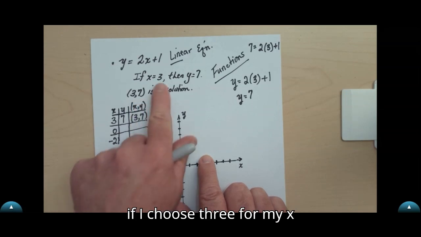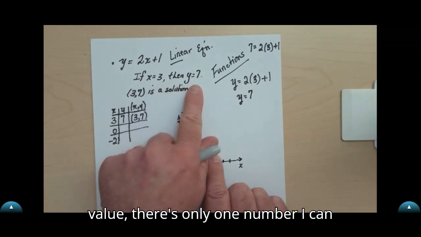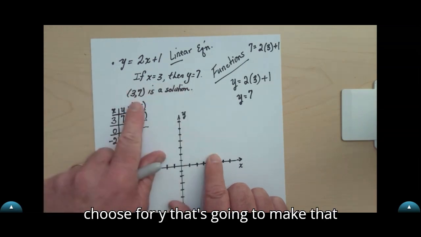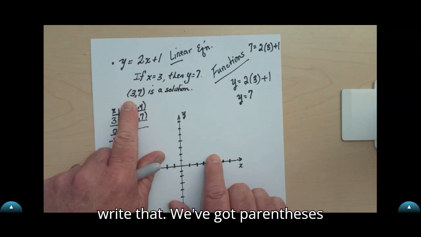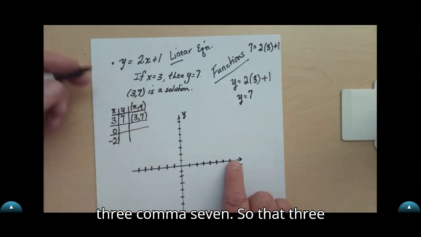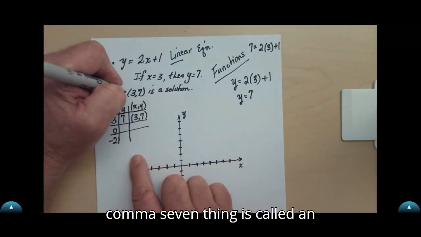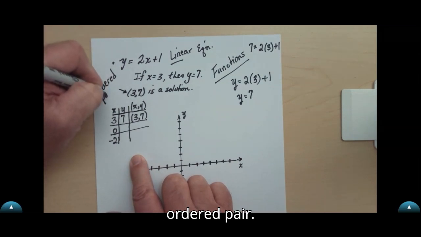If I choose 3 for my x value, there's only one number I can choose for y that's going to make that equation true. And this is how we write that. We've got parentheses, and inside those parentheses we have 3 comma 7. That 3 comma 7 thing is called an ordered pair.